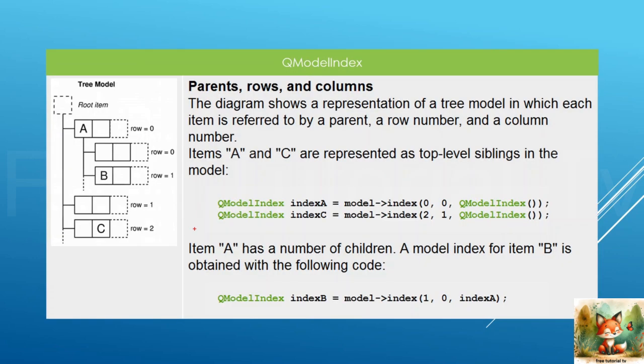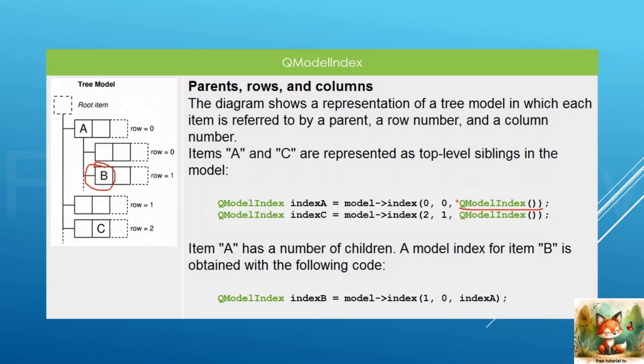And we know that we can use model indexes to address items in our model to be able to read and do things with the data contained in those model indexes. If we need to get an index to an item, we have to go through the model. So we can tell our model, please give me the index of the element at row 0, column 0 under this parent model index.